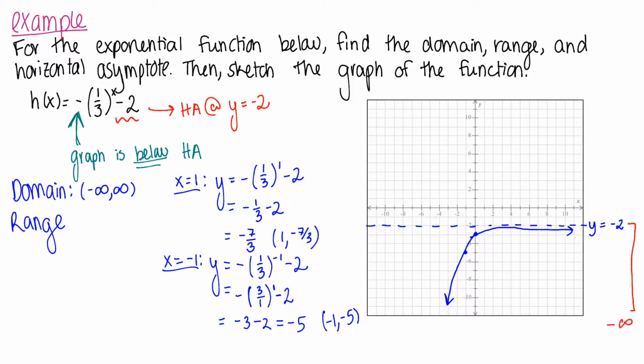So it starts at negative infinity and it goes all the way up to negative 2. So the range is negative infinity to negative 2. The horizontal asymptote, we already said, was at y equals negative 2. And that's that for this problem.